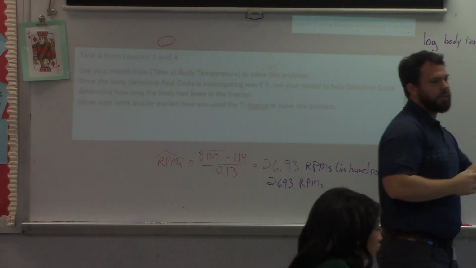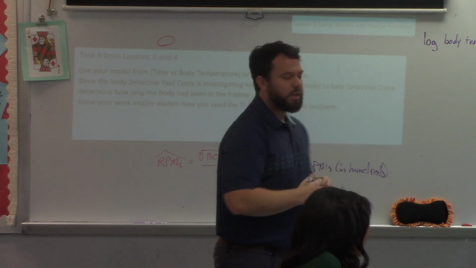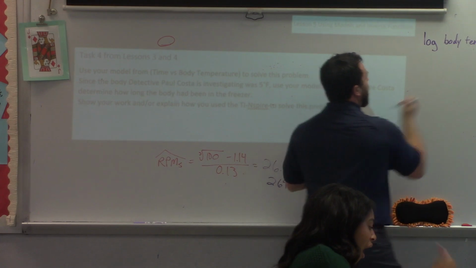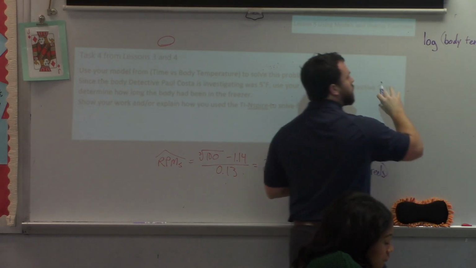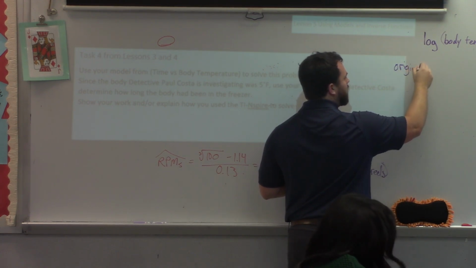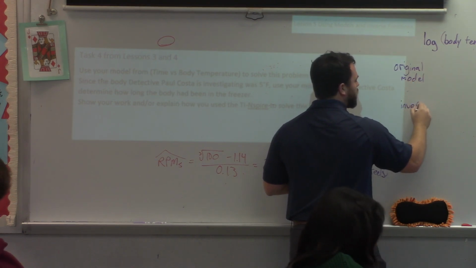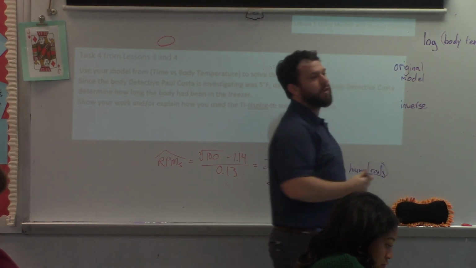So let's do this, just so you'll get a little bit more practice with getting these inverses. I know that you would already have it, but I want you to work with this equation. I want you to find the equation for the original model, and I want you to find the inverse. So work with each other, your vertical surfaces.